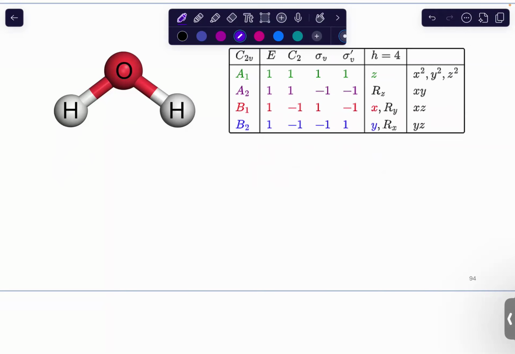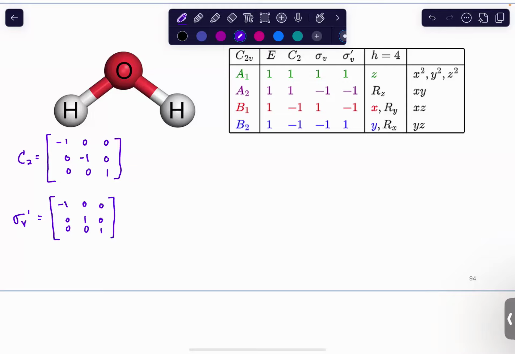I'll give you C2. So there's your C2. And this just illustrates what I said before. You should be able to figure this out just because it's a mirror plane. So your sigma v prime, the -1 just switches positions. The other two you should remember.